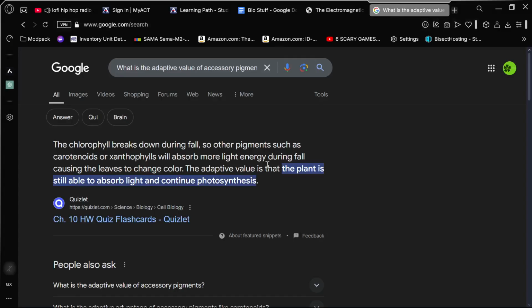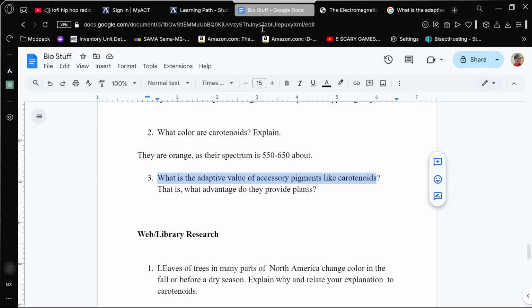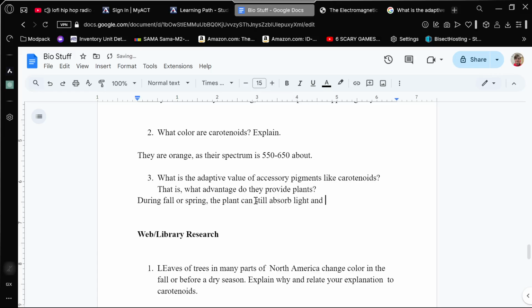That makes sense. So during fall or spring, the plant can still absorb light and continue photosynthesis.